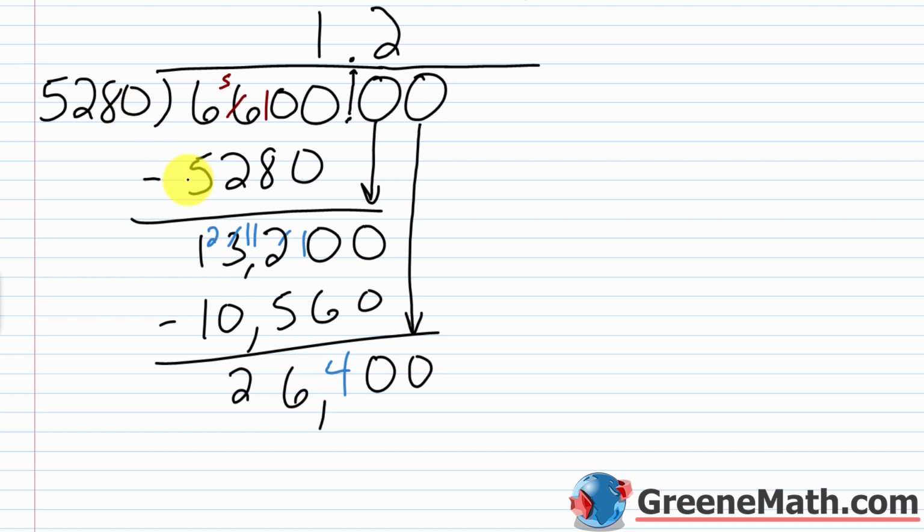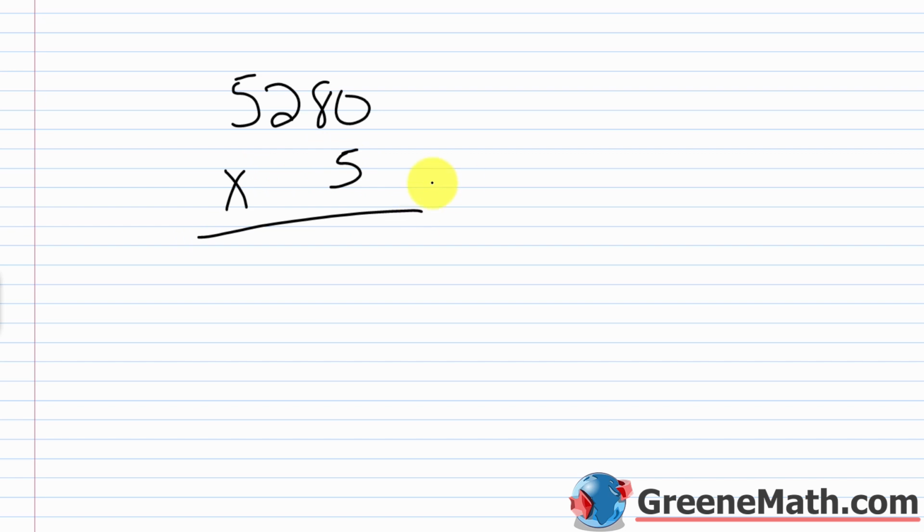So if I eyeball this again, I know 5,000 would go into 25,000 5 times. So I know it's at least a 5. Let's think about this 280 part. So let me go down here again. So 5,280 times 5. What would that give us? 5 times 0 is 0. 5 times 8 is 40.